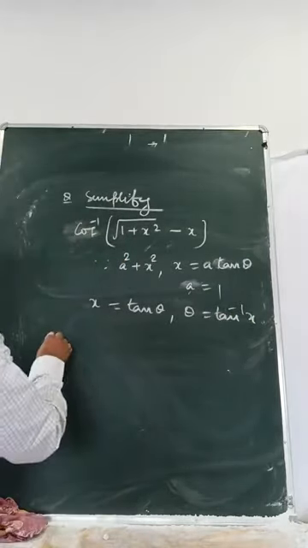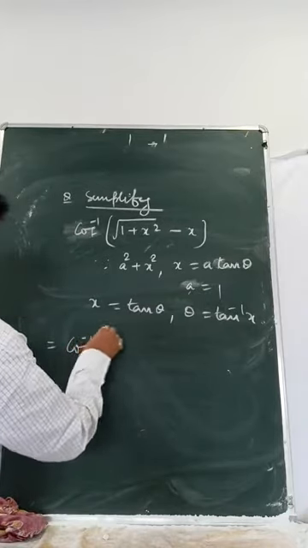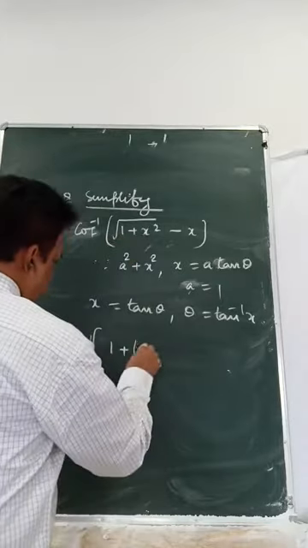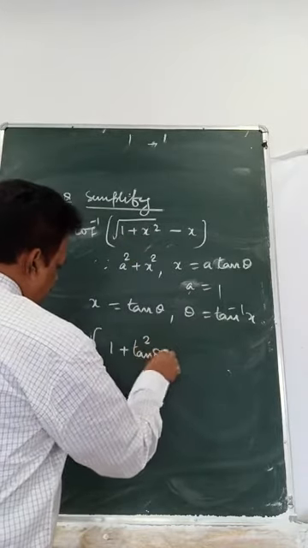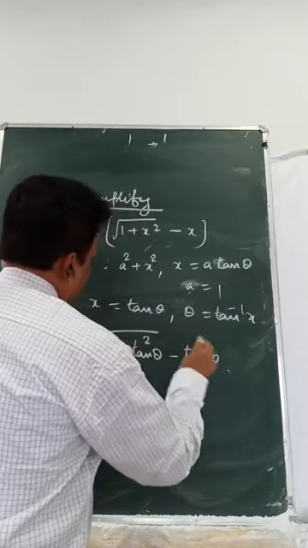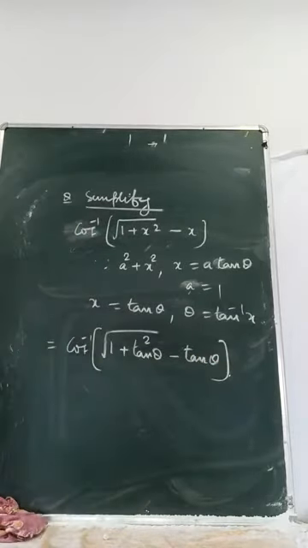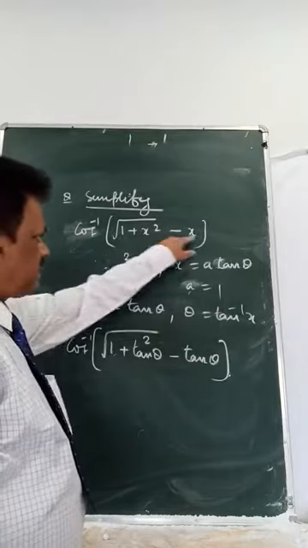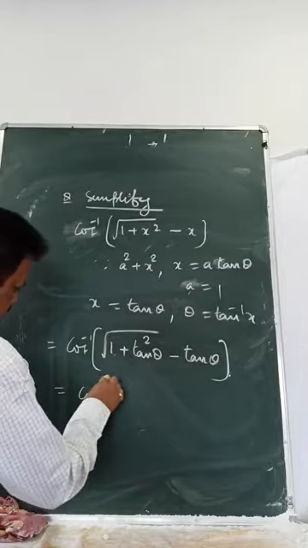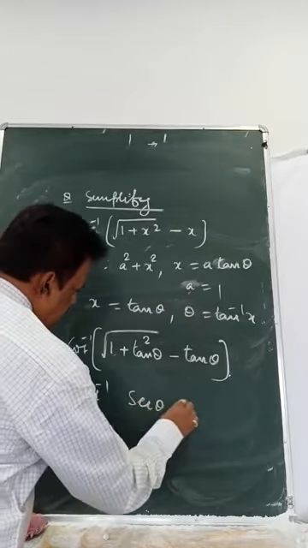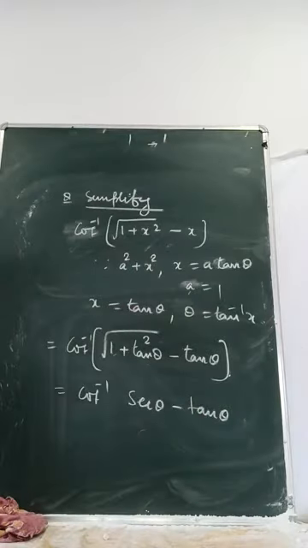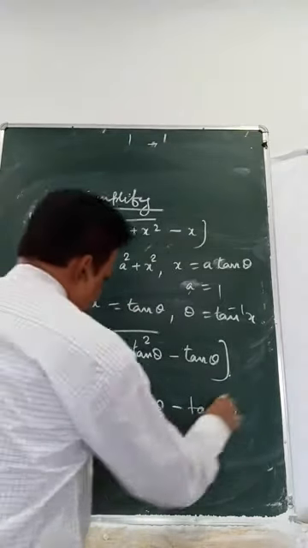So cot inverse of root 1 plus tan square theta minus tan theta, only 1 plus tan square theta minus tan theta. So that becomes cot inverse of sec theta minus tan theta. Okay, so here is a difficulty now.